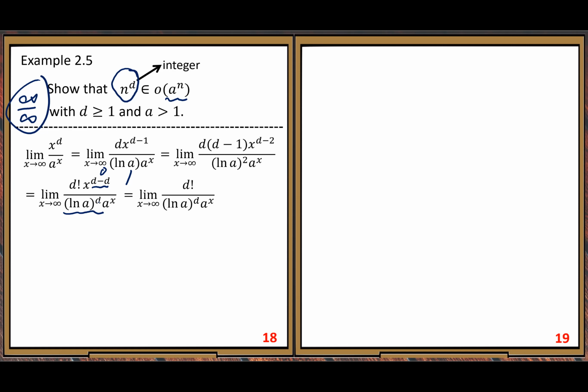So the answer is 0. For this continuous variable version, the limit of the ratio of the two functions is 0.